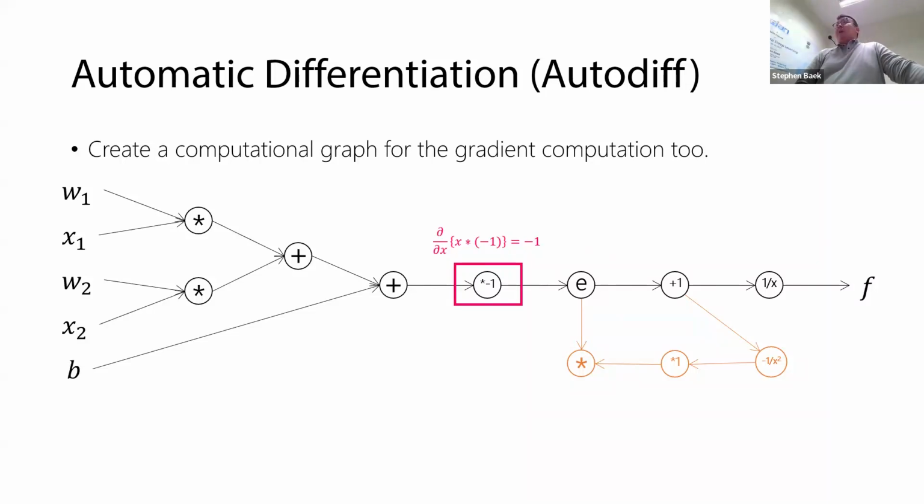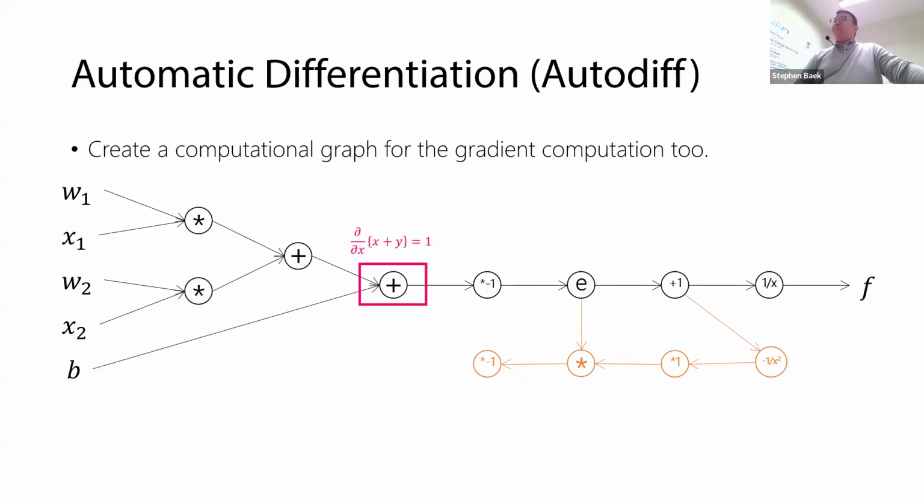The derivative of this is -1. So we create a -1 node over here, and then we connect that to the output of the exponential multiplication. Again, another boring node that has the derivative of 1. And then after that, we have the result b. So at least one of the derivatives, of f with respect to b, is identified in that way.